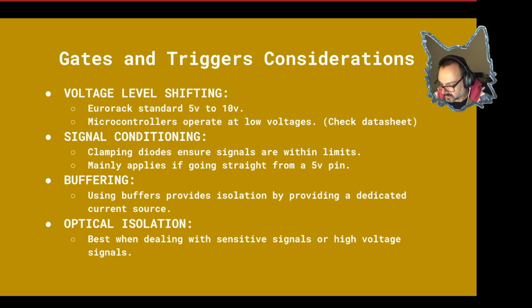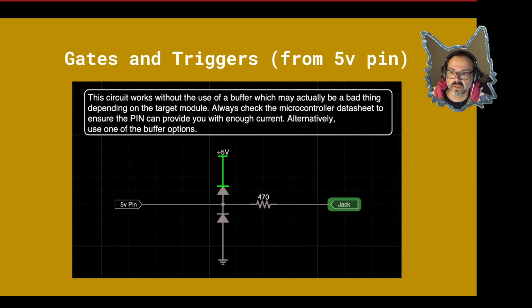Okay. And that will do one additional thing, which is that it will give us some protection for the pins, and we'll cover that in a minute as we look at some of the examples. Okay, so here is the first one, and in this example, we are driving a jack directly from the pin. We're not buffering it.